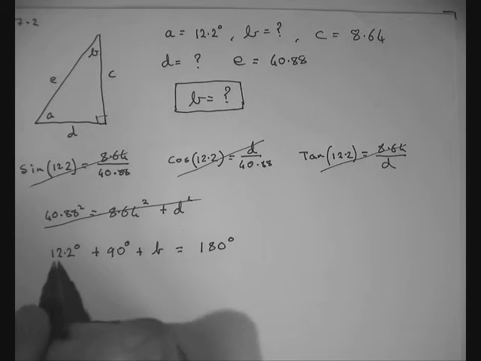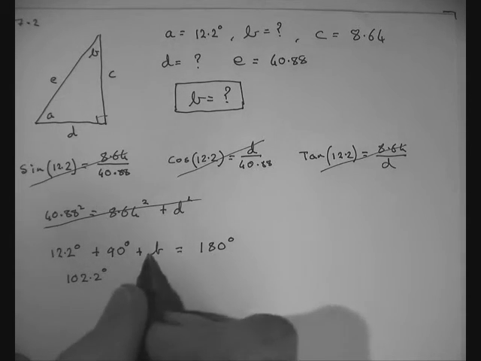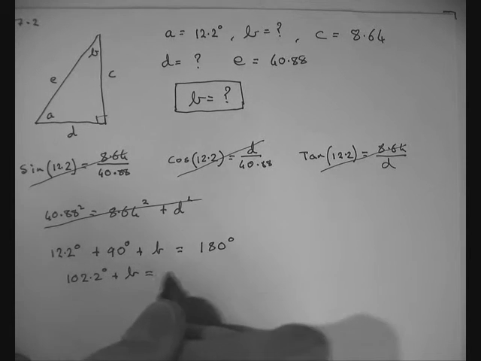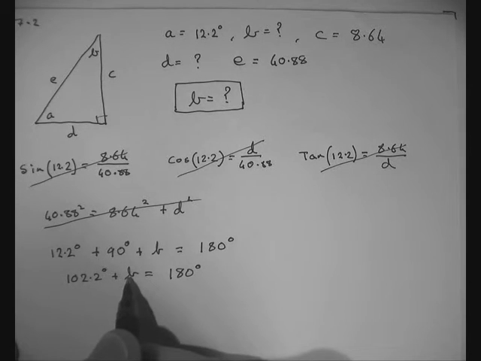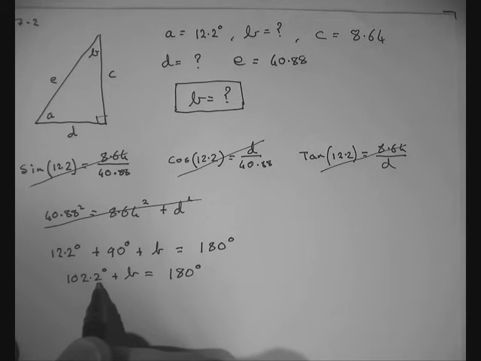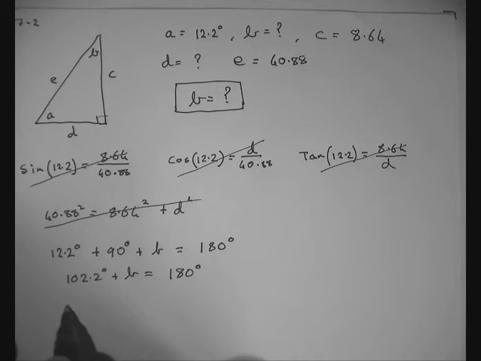Let's add 12.2 and 90 degrees together, and we get 102.2 degrees plus B equals 180 degrees. We want B on its own, not 102.2 degrees plus B. So if we subtract 102.2 from each side, we isolate B on its own.